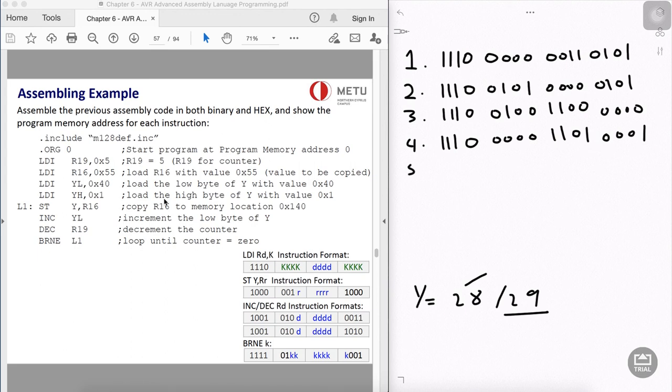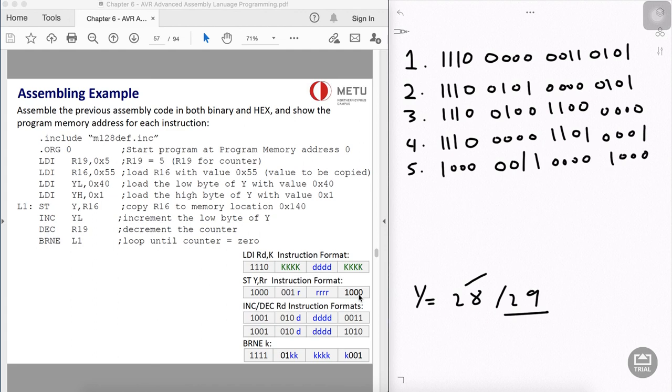Then the fifth one is going to be store Y, R16. So store starts with 1000, and then 001. Now we need the R. R is 16, so it's going to be 10000, and then the rest of it, which is 1000 for the opcode.